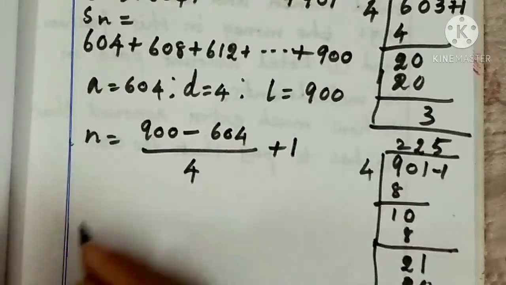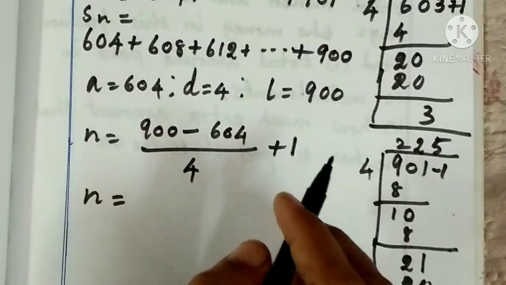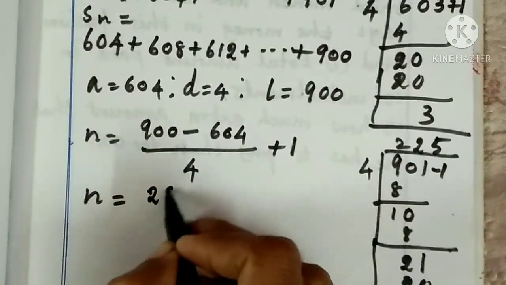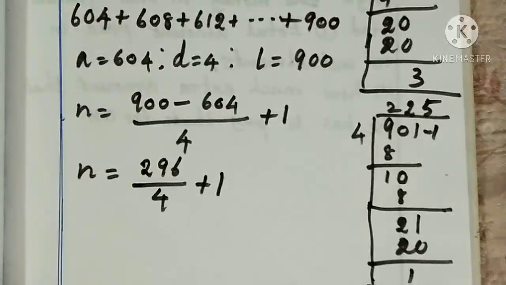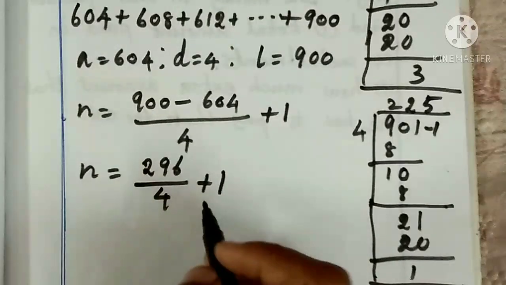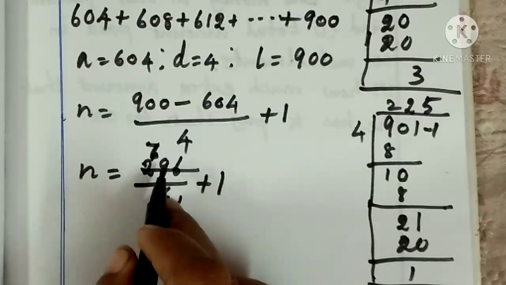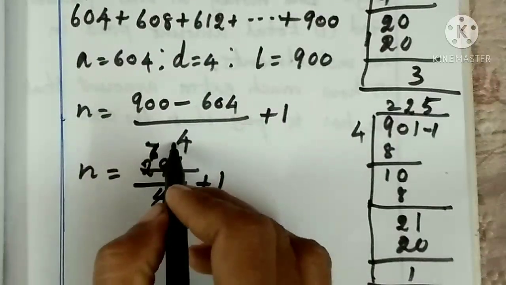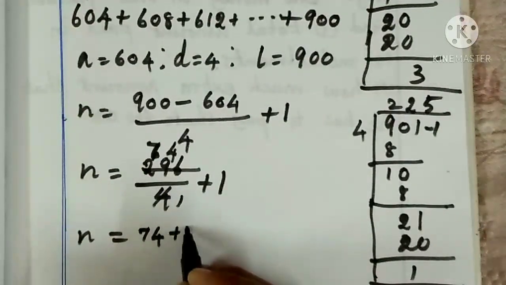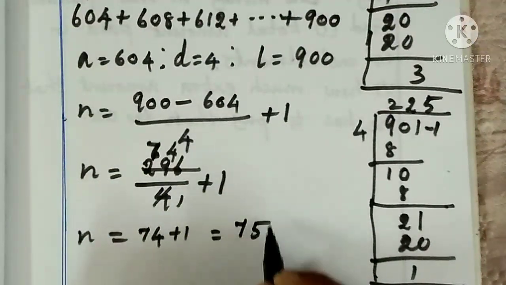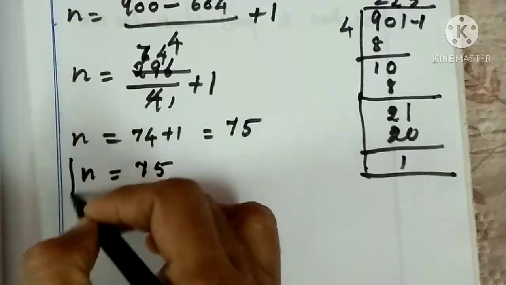Now subtracting, n is equal to 900 minus 604, we have 296 by 4 plus 1. Now cancel this by 4 table. 1 4 is 4, 7 4s are 28, remainder 1, 4 4s are 16. Therefore, n is equal to 74 plus 1, that is 75. Here the number of terms n is 75.